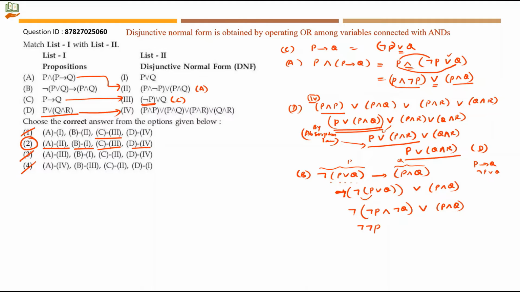So negation of negation P, and when I apply negation to AND, this becomes OR again, and then negation of negation Q or P and Q. Negation of negation P is P, or negation of negation of Q will give you Q or P and Q. You can just reduce this to Q by using absorption law again. We are reducing this to Q. So this is P or Q. B is mapping to 1.